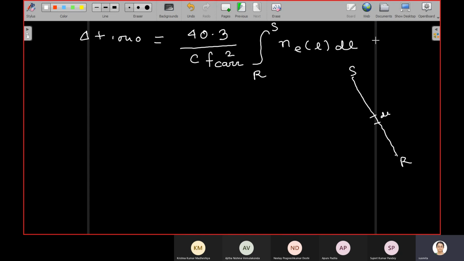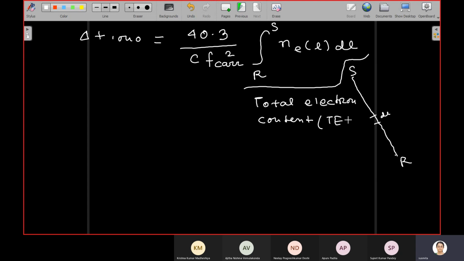Now this integration actually integrates the electron density from the receiver to the satellite with respect to the path length. It is called total electron content. What exactly is this?